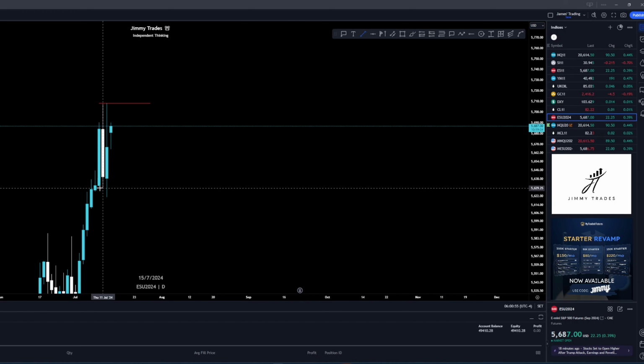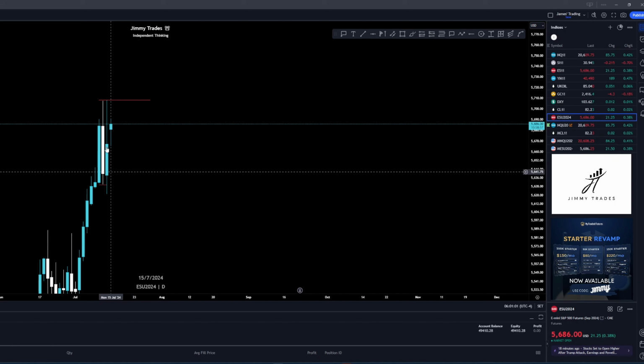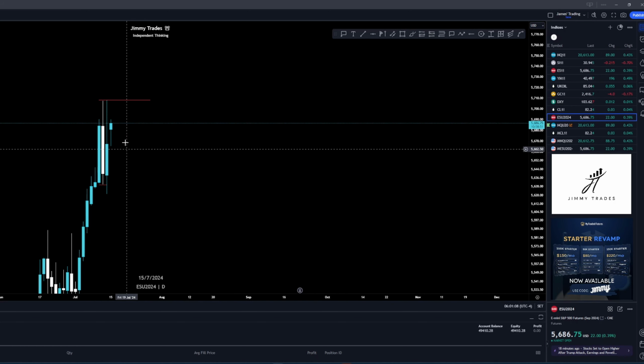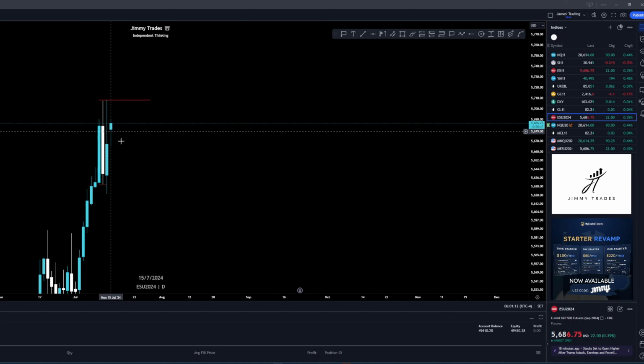Price did sweep previous day low here, and closed higher at this level here. We've had a nice opening gap today as well.